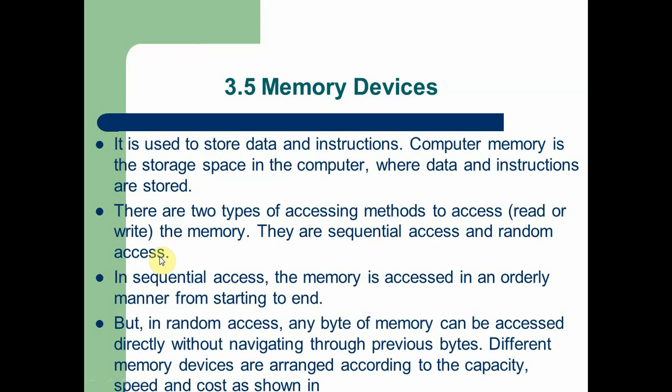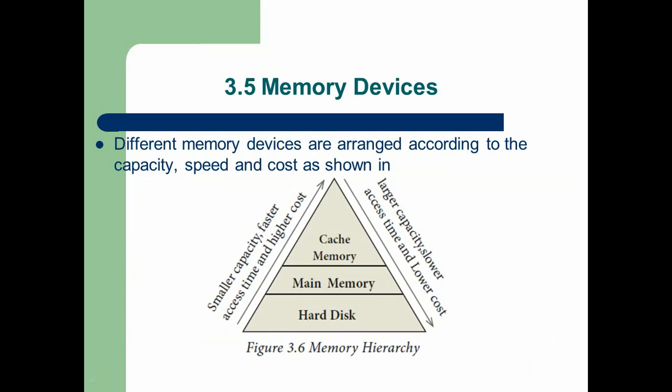So this is the simple example for understanding random access, where without navigating through previous bytes we can access directly. In the sequential method, we should start in an orderly manner from the beginning and go on till the end. So these are the different types of accessing memory devices.